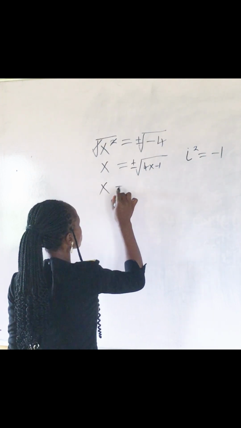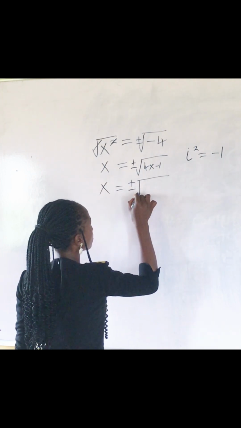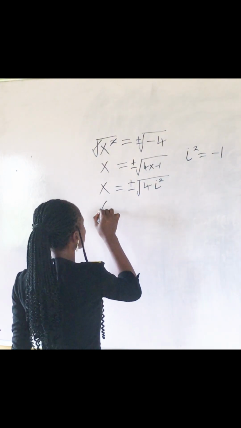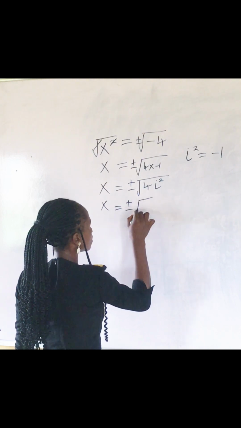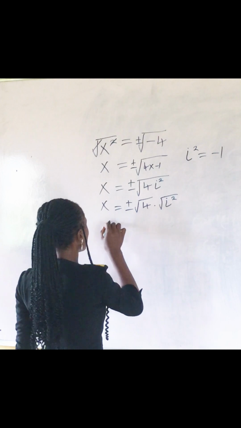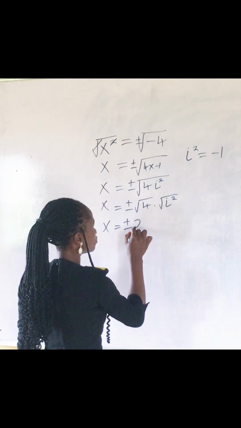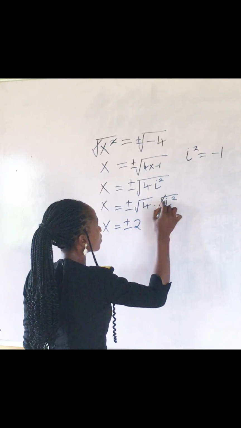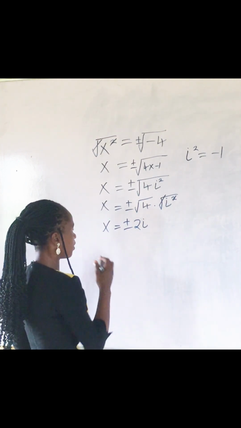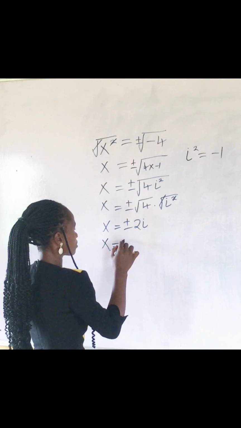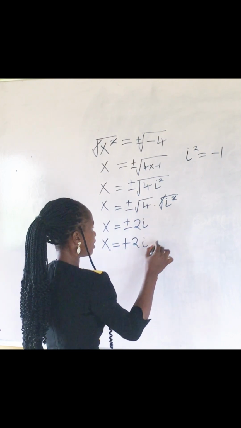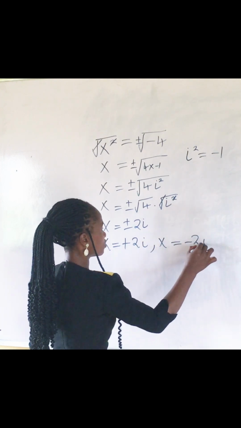So x will now be equal to plus or minus the square root of 4i squared. Then x will be equal to plus or minus 2, this square root cancelling this square, 2i. So you can see we now have two values for x, which is positive 2i, and x is also equal to negative 2i.